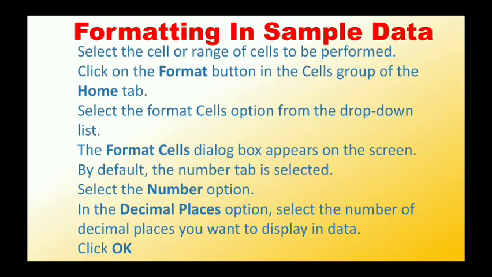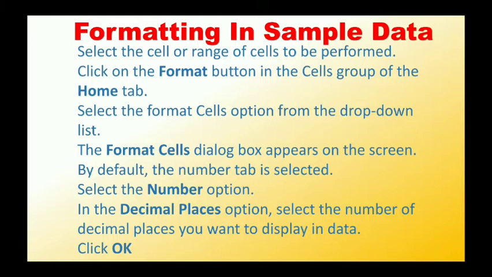For example, we want to display data with 2 decimal places. We can place as many decimal places as we like. For example, if we need only 2 decimal places, then we select the value 2, and the decimal places in the number will be 2 now.